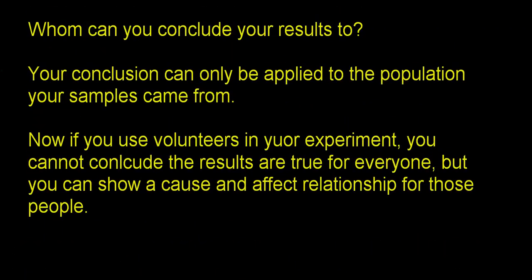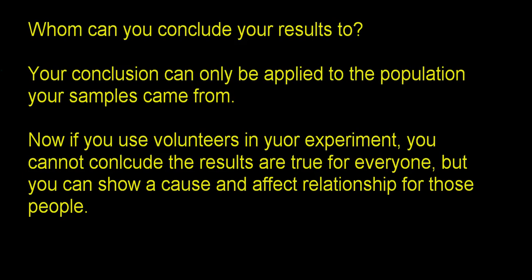All right, now another thing that comes up a lot of times on the AP test is whom can you conclude your results to? So when you're done with an experiment, can you say that, hey, wow, this new drug works for all people? Well, no. Your conclusion can only be applied to the population your samples came from.